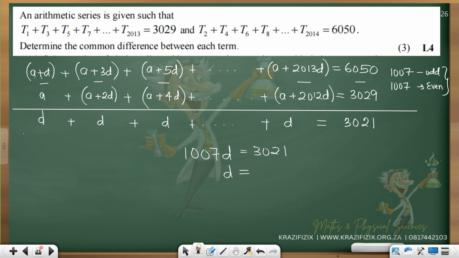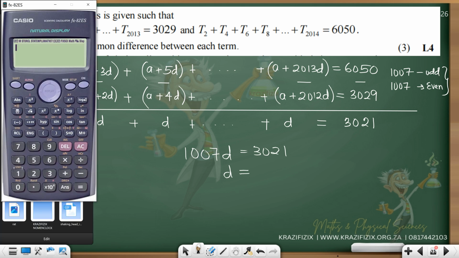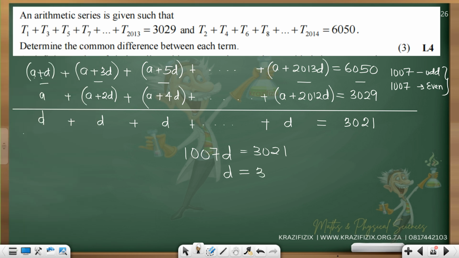What is D? What is 3021 divided by 1007? Oh, this examiner is cruel, but interesting. 3. Beautiful, beautiful maths. Did that make sense?